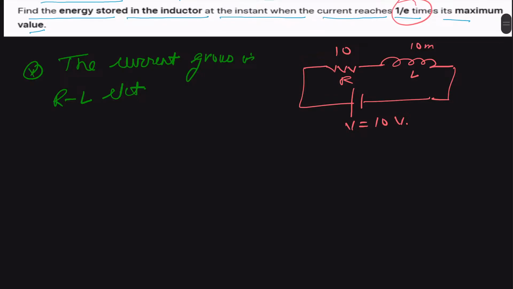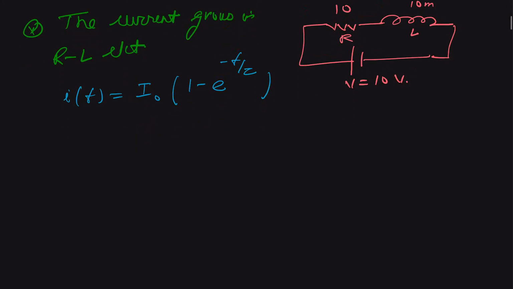and we can write this as I of t will be equal to I naught, that is the maximum value of the current, times 1 minus e raised to minus t upon tau. And this I naught is the maximum value of the current, or we can also call it the steady state current.